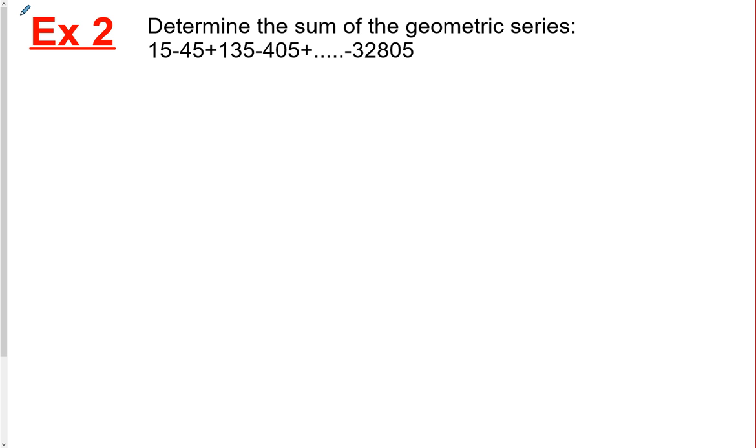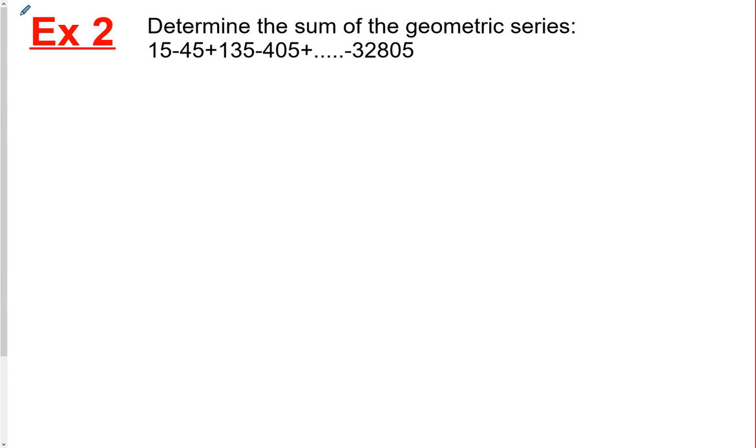But this one is tricky because the signs are alternating. It's 15 minus 45, really that's plus negative 45, but we can just write it as minus. 15 minus 45 plus 135 minus 405. So it looks like it's alternating positives and negatives. And we have to add all that up.